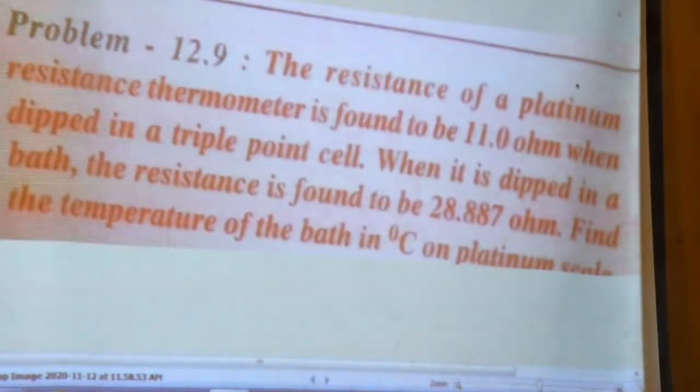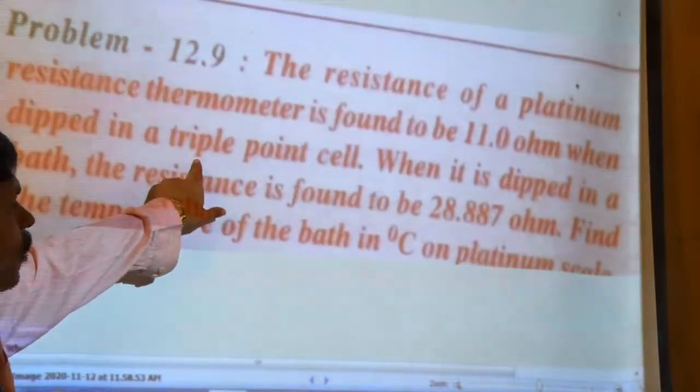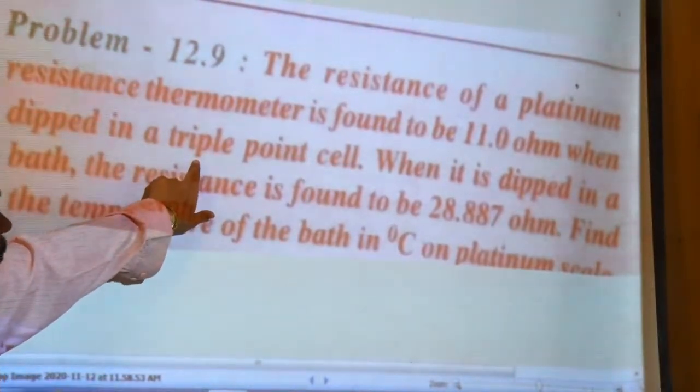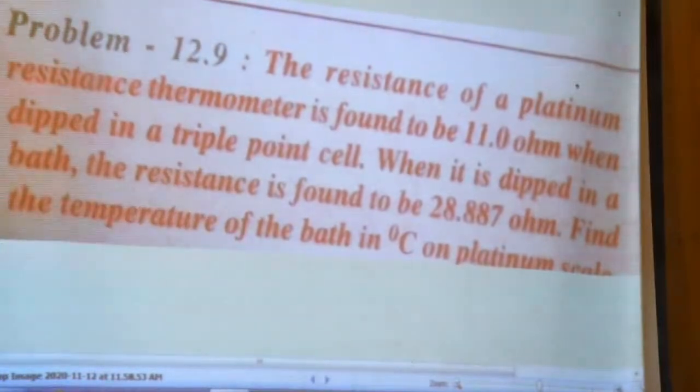So here, the value of x, that is xtr, equal to 11 ohm, because it is the value of resistance at the triple point of water.